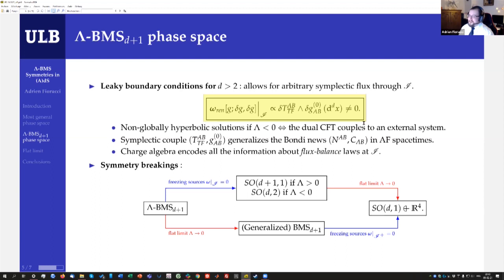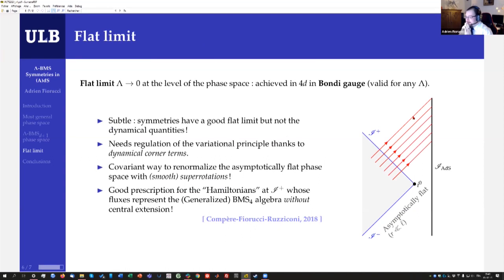With the flat limit process we discussed in our articles, it will be somewhat difficult, because the natural matching you have is the matching through the light rays. So you can obtain the flat limit of the phase space as the asymptotically flat phase space at null infinity, but without any information about I0, which is the point where you would be able to discuss this famous antipodal matching. So I have no idea for the moment.